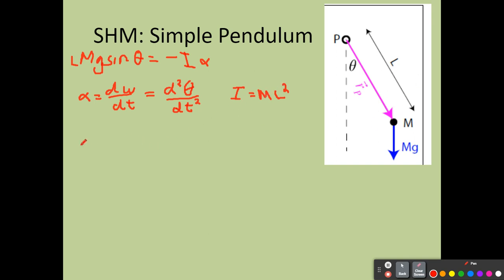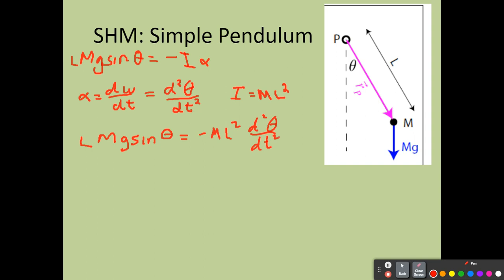So if I substitute those in, I have L m g sine theta is equal to negative m L squared, second derivative of theta with respect to time.